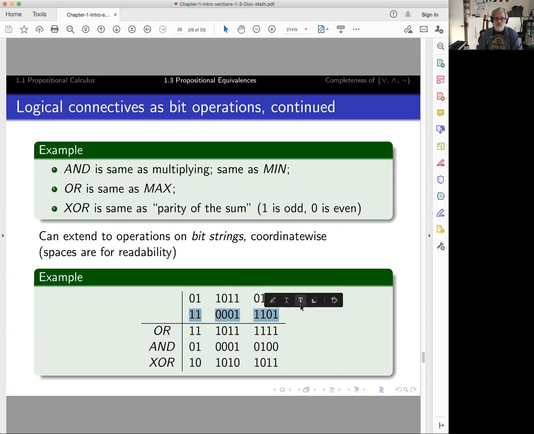Here your inputs are 2-bit strings like this, and you apply these connectives on these bit strings. So for the OR, you apply 0 or 1 is 1, 1 or 1 is 1, and so on. You just apply it coordinate-wise like that. So you can input bit strings into these things, and you output a new bit string.